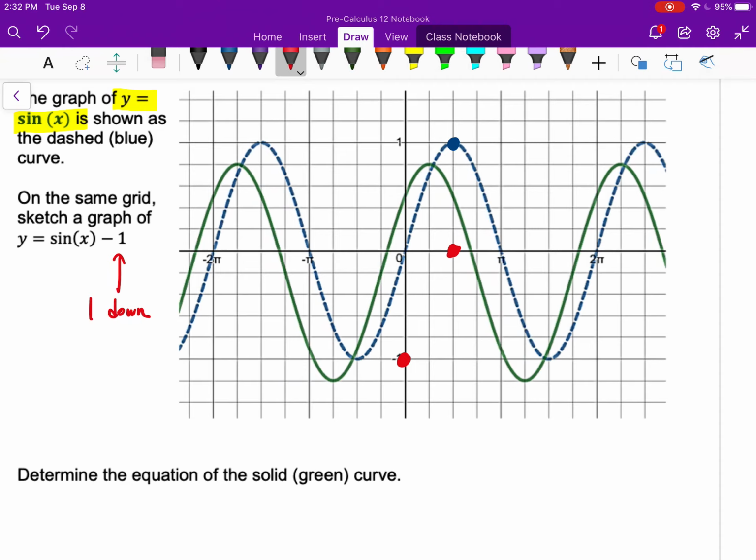Notice my x-axis is going up in fractions of pi, so you can't just ignore the scale. But once we realize that, I can draw this pretty quickly. This point here on sine of x, move it a whole unit down. It's down here. This point here on my graph, move it a whole unit down. It goes off my grid a bit, so I'll estimate it right here. And I have something like this I'll draw.